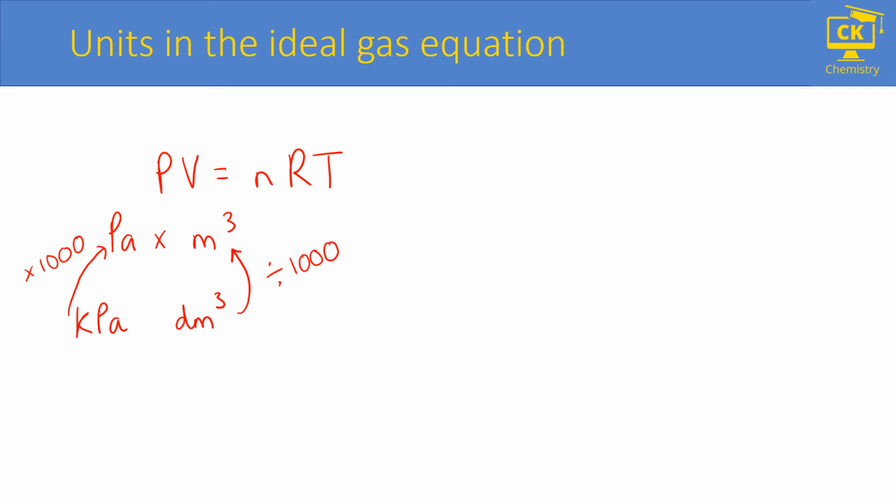So can you see that this means that PV in terms of pascals multiplied by meters cubed is equal to PV in terms of kilopascals multiplied by decimeter cubed. And that is because a decimeter cubed is 1,000th of a meter cubed, but a kilopascal is 1,000 times a pascal. So the times 1,000 step and the divide by 1,000 step actually cancel each other out.